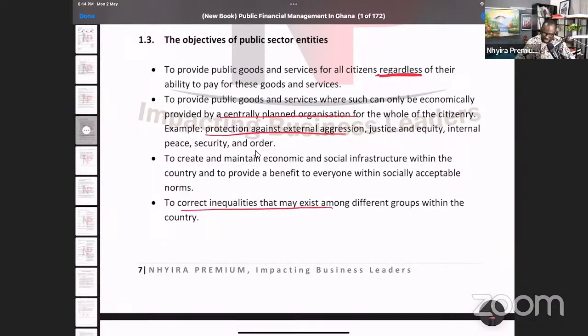Four, to correct inequalities that may exist among different groups within the country. This one is called an academic point, but in reality, it's not true. But it's an academic point. What does that mean?